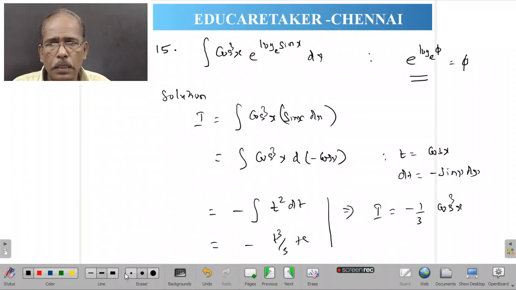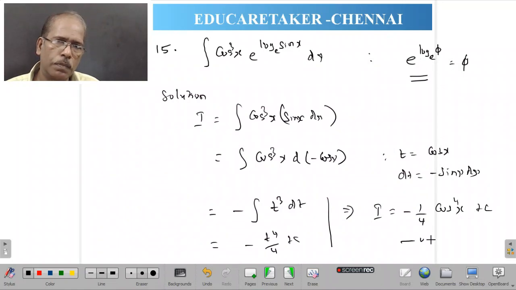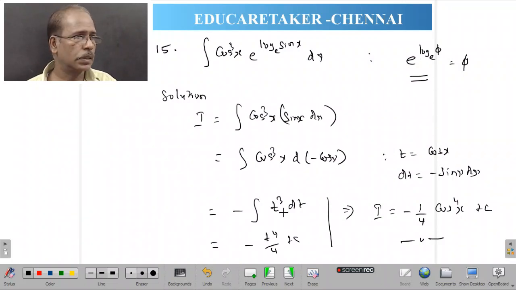I think there the power should be 2, cos square, cos cube means, then the final answer is not t cube by 3, it should be t power 4 by 4 with the integral constant, and we need a change in the final answer also: minus 1 by 4 cos power 4 x with the integral constant. Okay, and copy it. We'll move to question number 16.